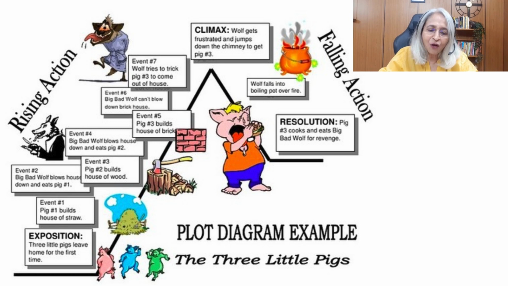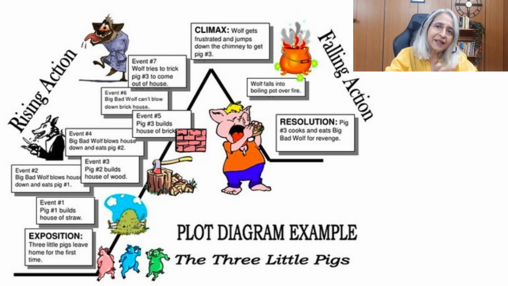And this is followed by rising action. And that is when the story builds up. All right? And in this little pig story, you have the first pig whose house is made of straw and that's blown down.